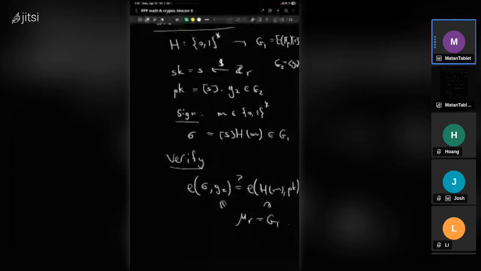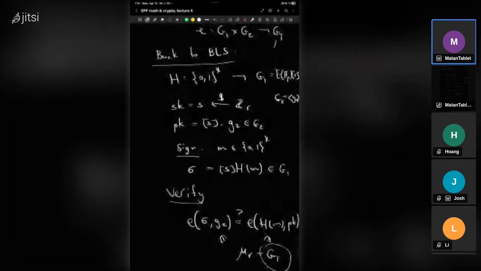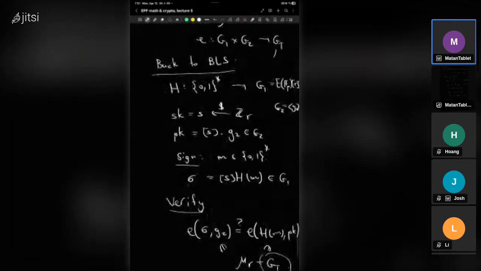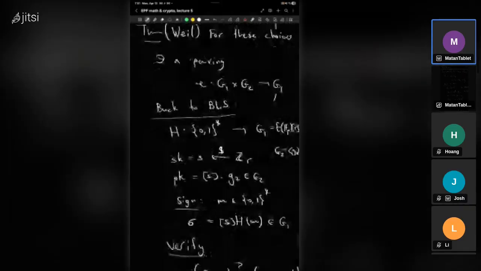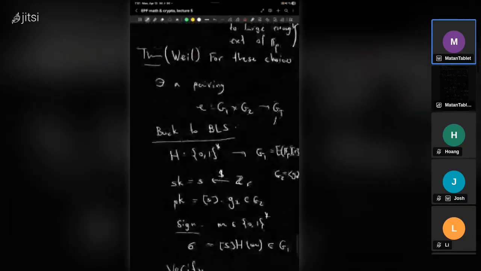Okay, security of this thing. Security of this thing relies essentially on the hardness of discrete log in GT. So in order for the discrete log to be hard enough, GT is a group of size r, but it really lives in F_p^k.